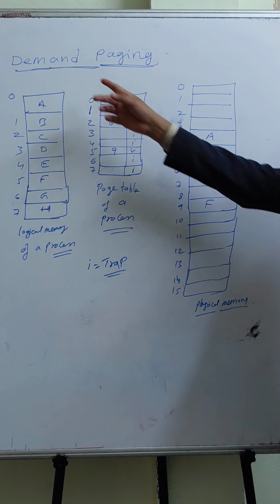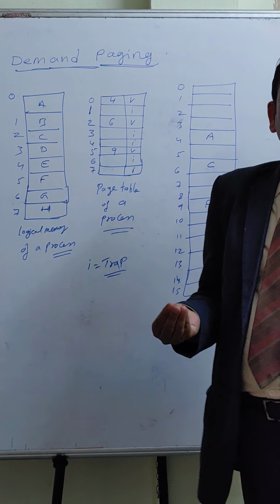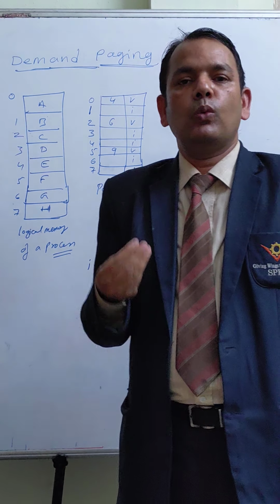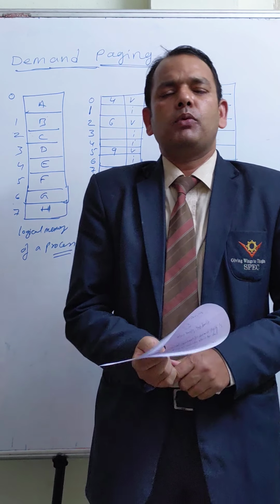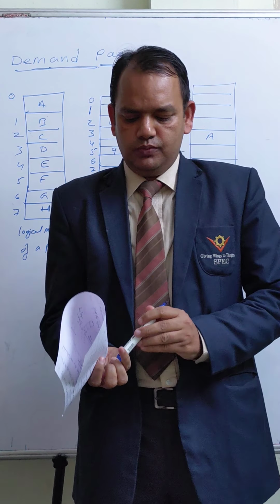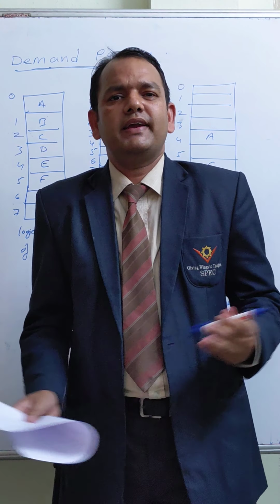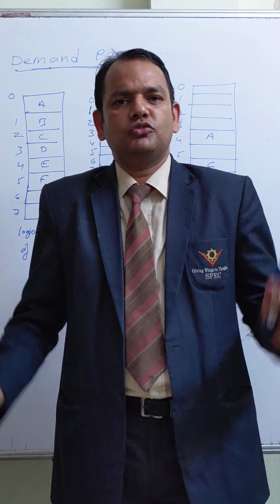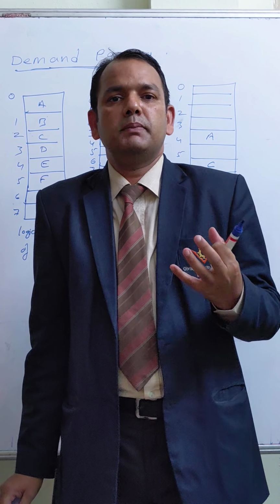The definition of demand paging is to load the page at execution time whenever it is required. See that the program's size is more than the main memory. Programmers nowadays write huge programs, and the size is more than the physical memory we have right now.